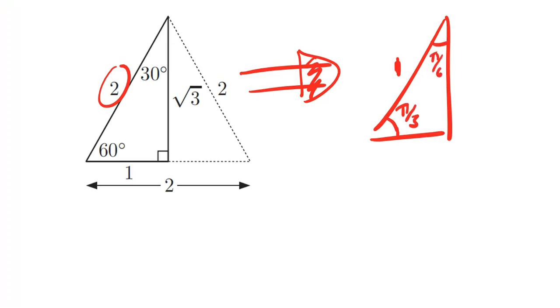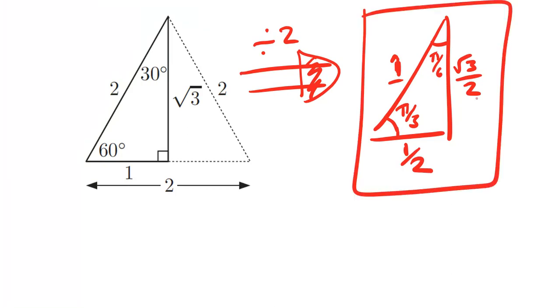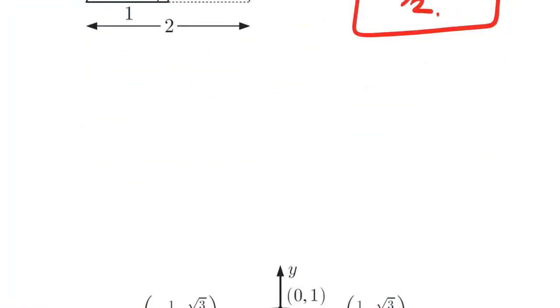But if I have a hypotenuse of 2 on the original, if I divide every side by 2, I'm going to get this hypotenuse of 1 that I want. So that means that root 3 is going to become root 3 over 2, and 1 is going to become a half. So it's very useful to memorize these particular numbers and angles so that we can apply them to the unit circle. So remember, we've got root 3 over 2 and a half.